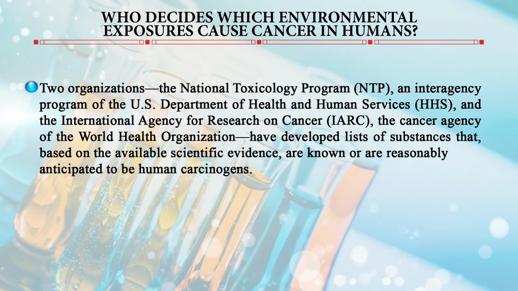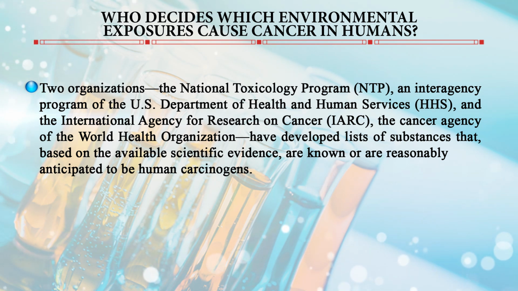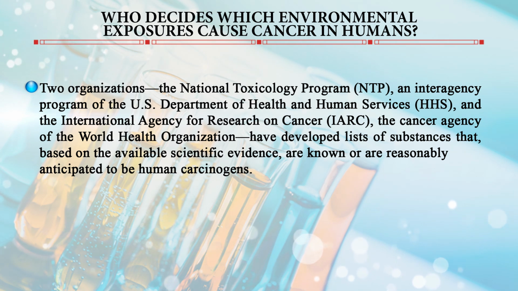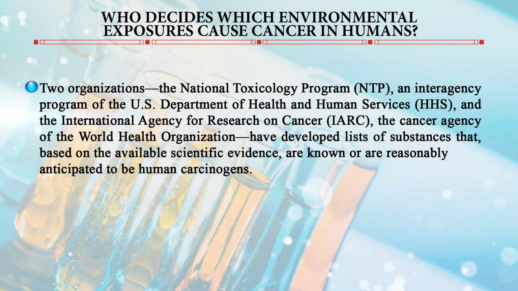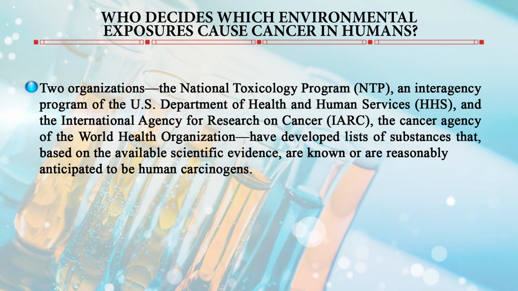The National Toxicology Program, an interagency program of the United States Department of Health and Human Services, and the International Agency for Research on Cancer, IARC, which is the cancer agency of the World Health Organization.